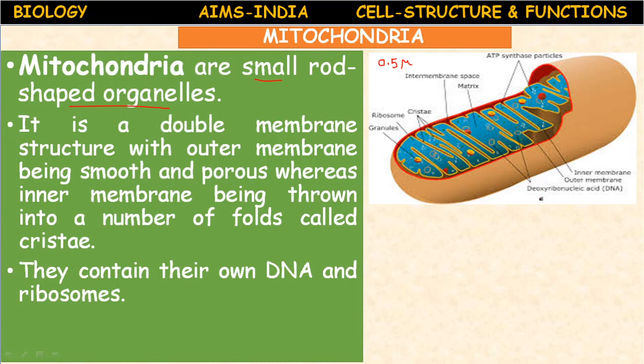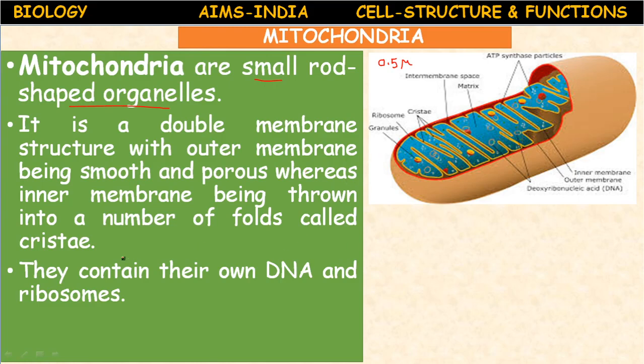When seen under an optical microscope, the mitochondria appear oval or cylindrical, like cylindrical dots in the cell. This structure represents the electron microscopic view of mitochondria.